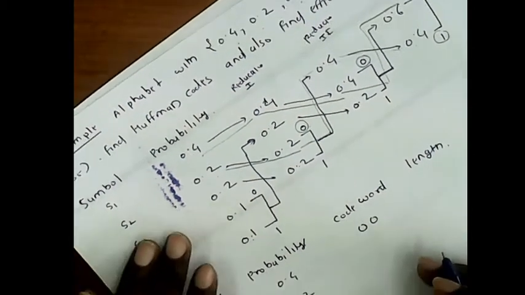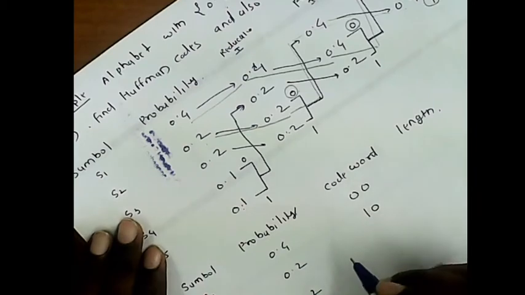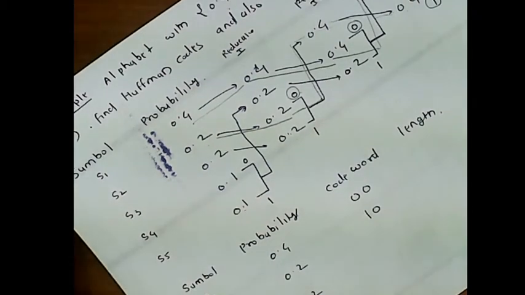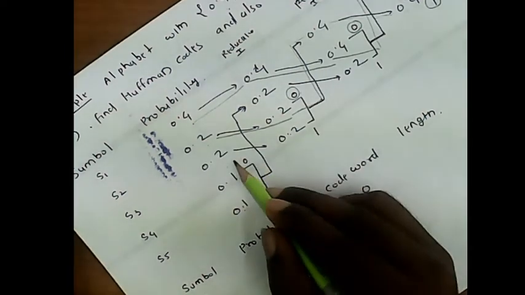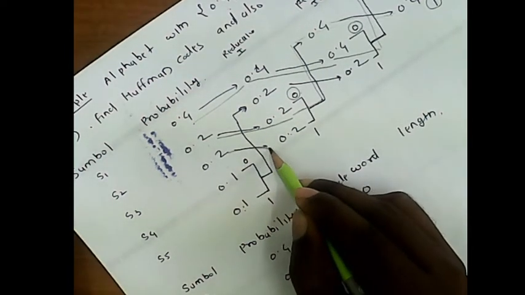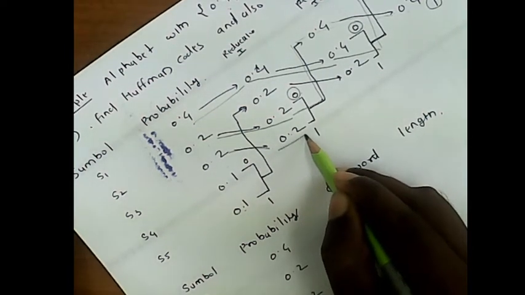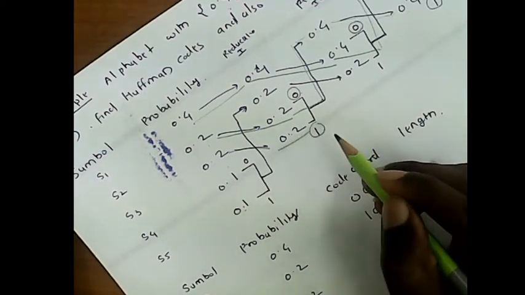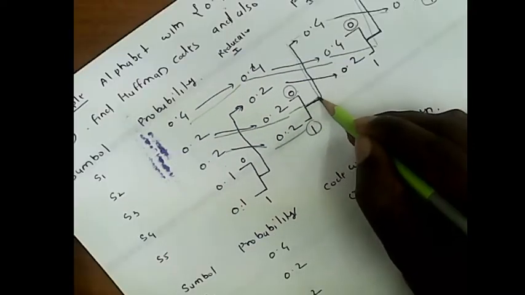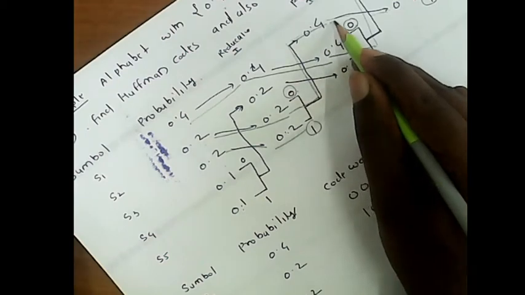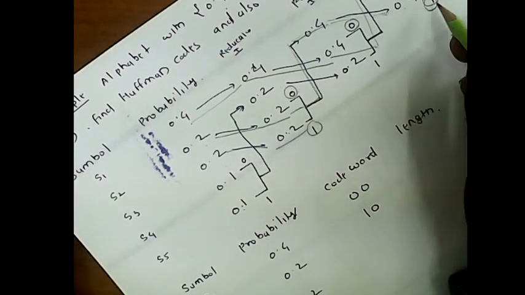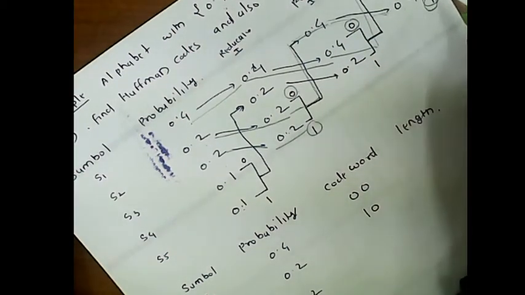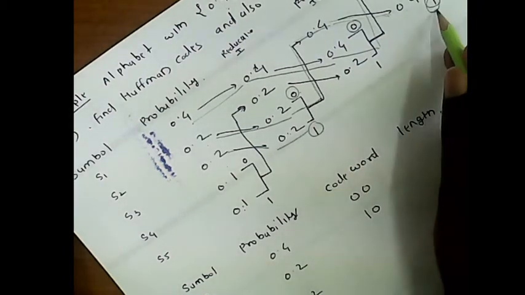So 1 0. For the S2 symbol, the code word is 10. For symbol S3 having probability 0.2, go in the forward direction. First we get code 1, again go here, and we get this. So the code word for S3 is 1 1.